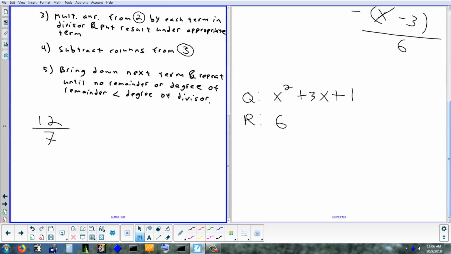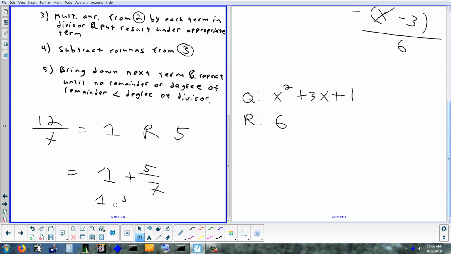If you were doing that with long division, you get 1 with a remainder of how much? 5. Okay. That's kind of how we just wrote it right there. Quotient, remainder. Or you can write it this way. Your quotient plus your remainder over the denominator. 1 plus 5/7, or 1 5/7.